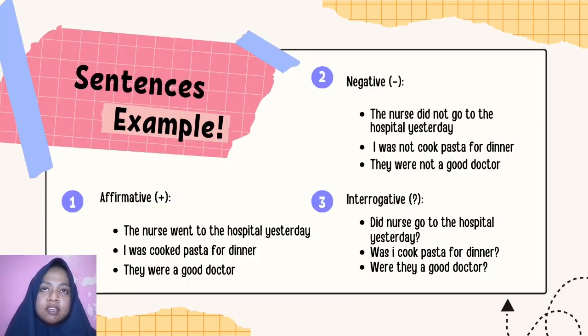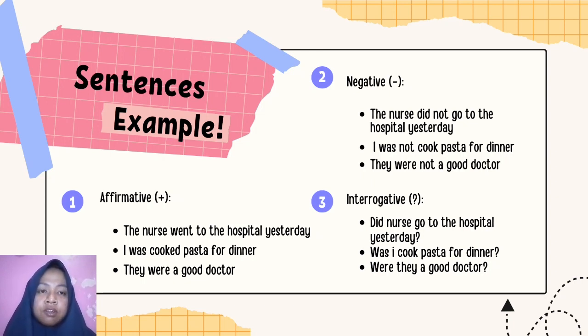And the last material is examples of verbal simple past tense and nominal simple past tense. The first is affirmative. The nurse went to the hospital yesterday. I was cooked pasta for dinner.